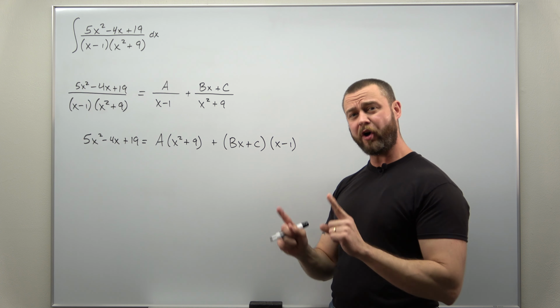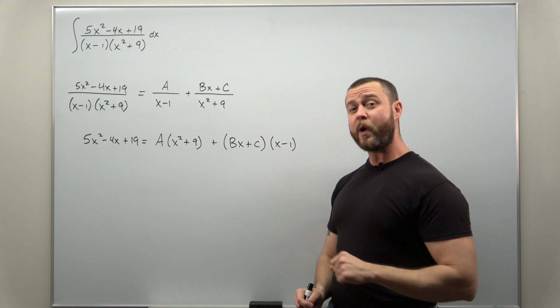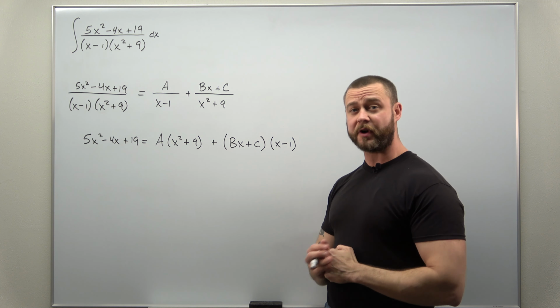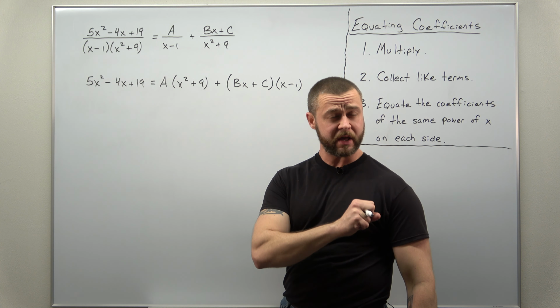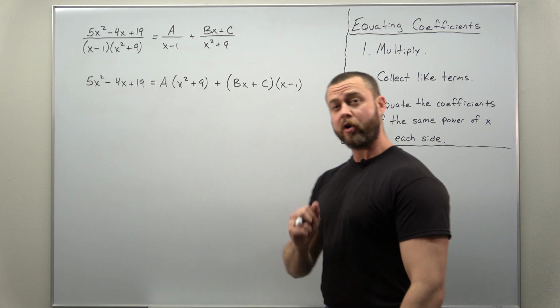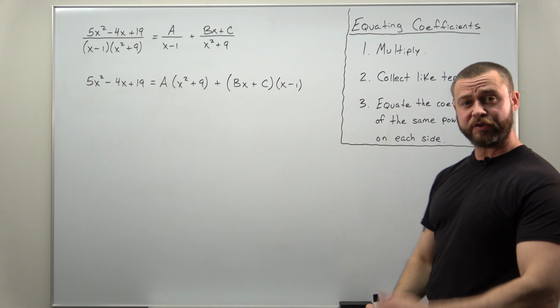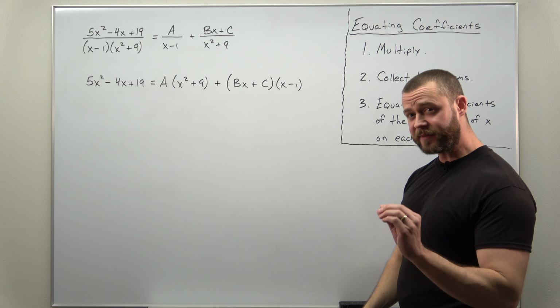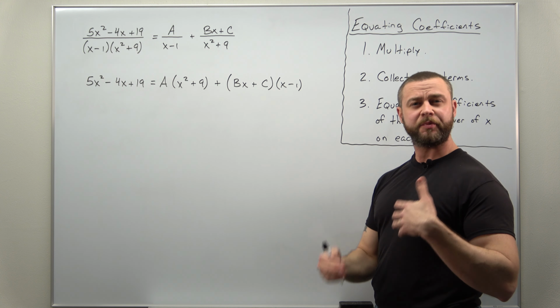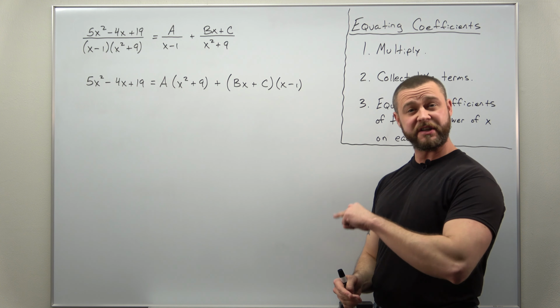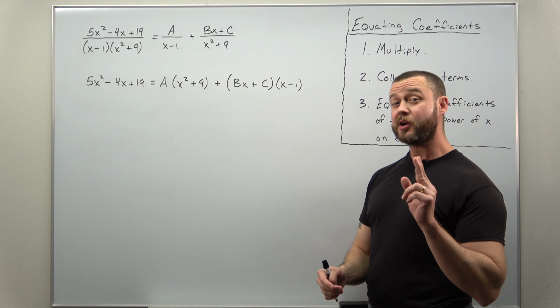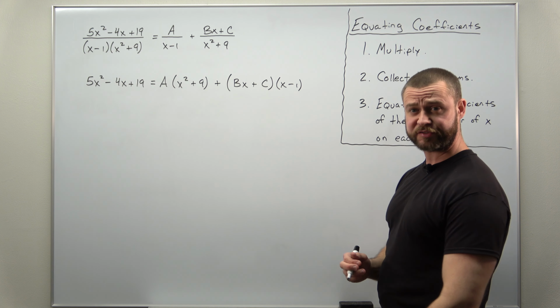So let's mention an alternate method called equating coefficients to solve for A, B, and C. It gives you the same values, but sometimes it's beneficial, especially when you start to get into quadratic factors, either distinct or especially repeated quadratic factors.